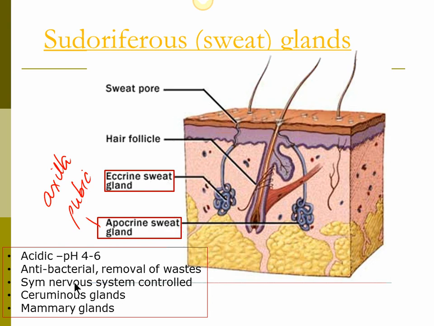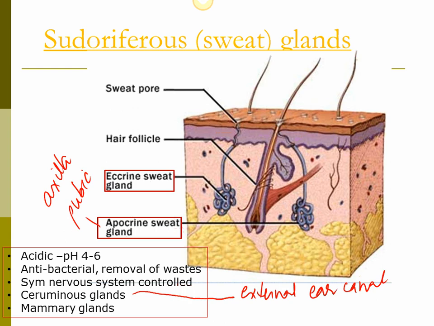And then in certain areas of the body, you have what are called modified sweat glands. You have one type known as the ceruminous glands. These are modified sweat glands seen in the external ear canal or external auditory canal.